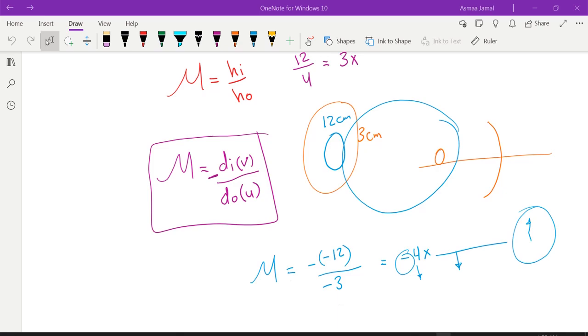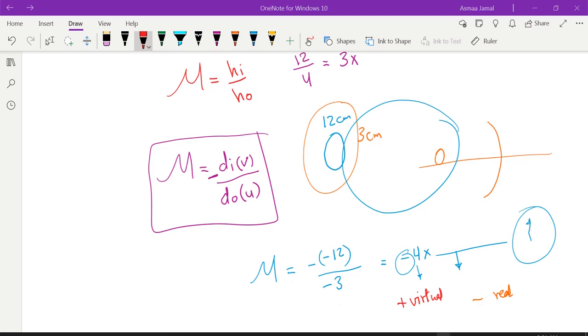So in magnification, if the sign is negative, that's a real inverted image formed beneath the optical axis. If it's positive, that's a virtual image, which means it's erect, formed above the optical axis.